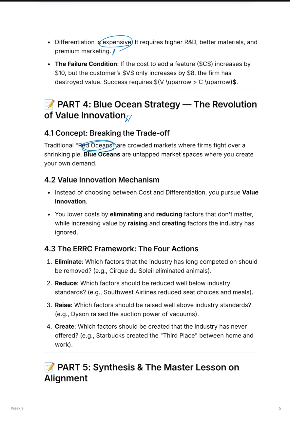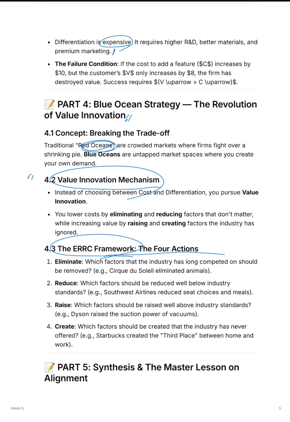And now we move to explain the blue ocean strategy as well. So on the lecture slide, I wrote something. It's a value innovation mechanism, red ocean, and the ERRC framework, the four actions. It's quite tricky, I know.